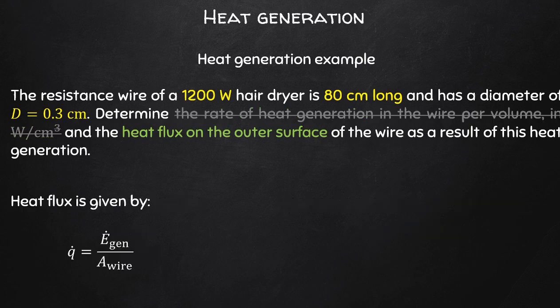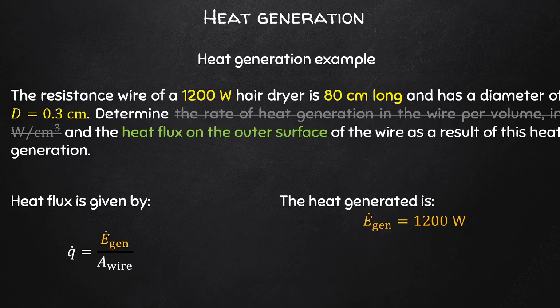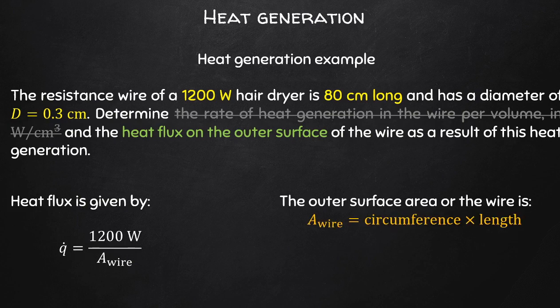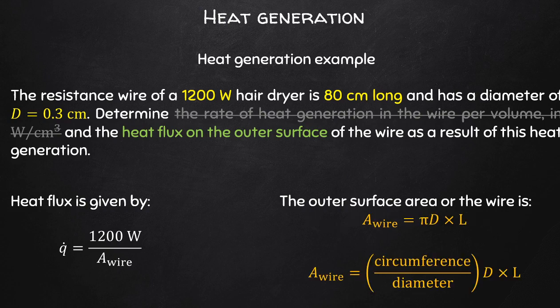Next, we need to determine the heat flux through the wire, and again, we consider the heat being generated as 1.2 kilowatt of energy. The area through which the heat generated is being discharged is given by the surface area, which is equal to the circumference multiplied by the length. And this is pi dl, where pi is simply the circumference divided by the diameter.